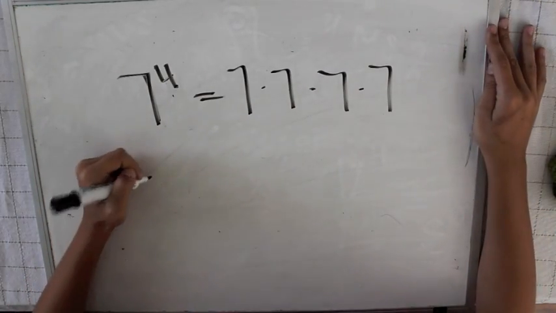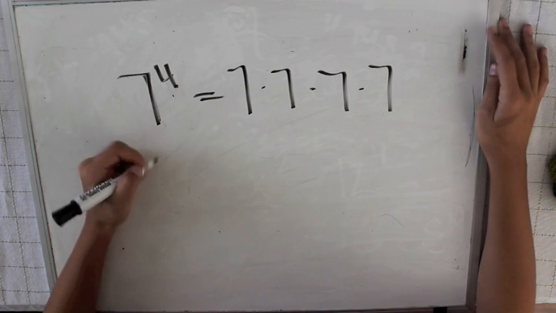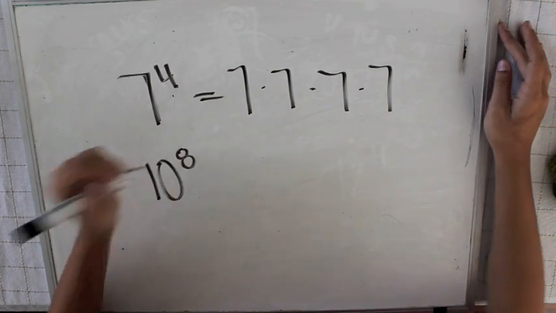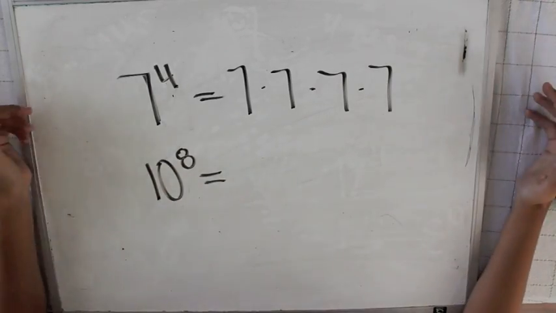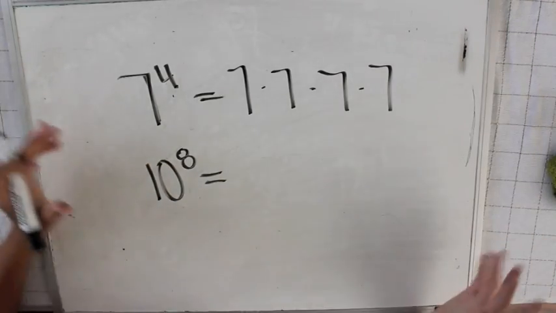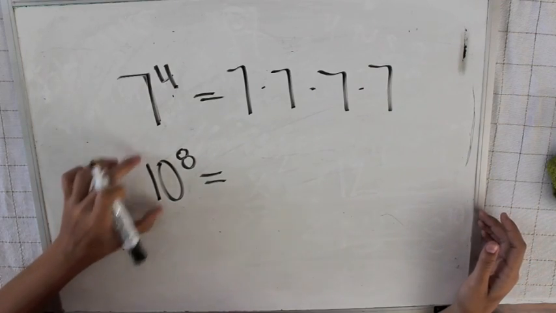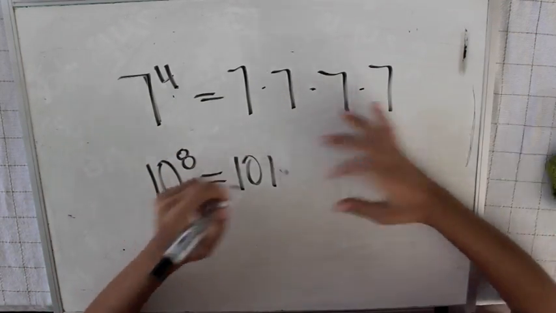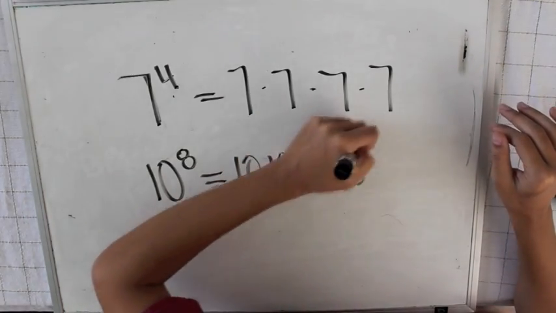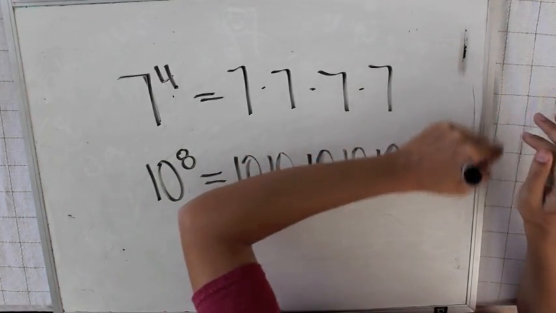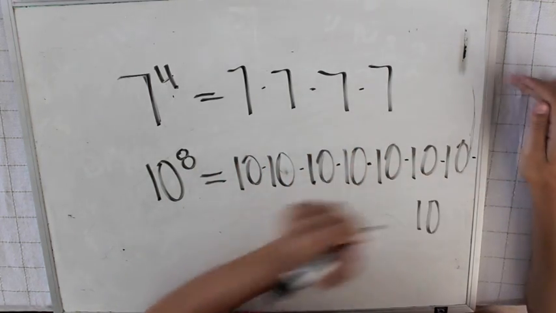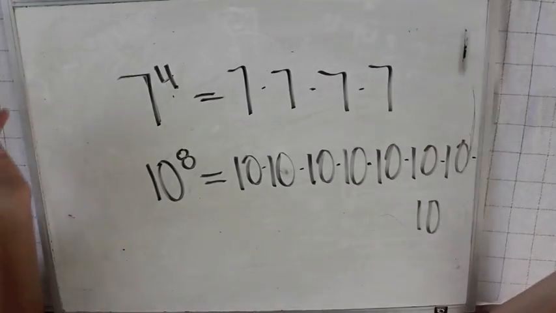If we do another one, we could do 10 to the 8th. Just like back to the question thing, how many of me, how many tens? 8 tens. There you go, so you have that written out. Basically that's what expanding is.